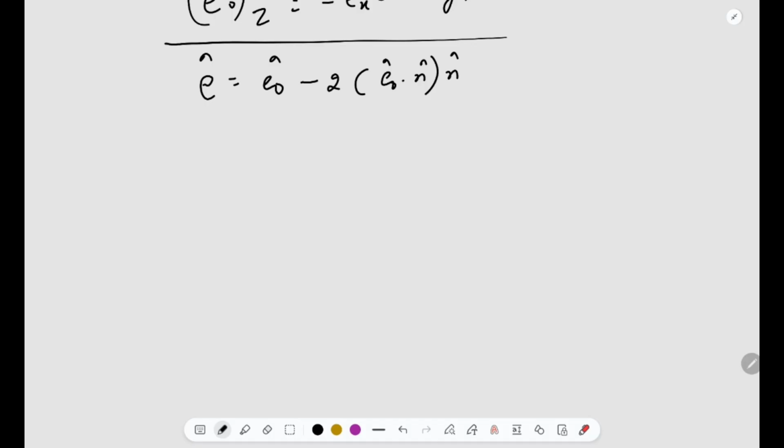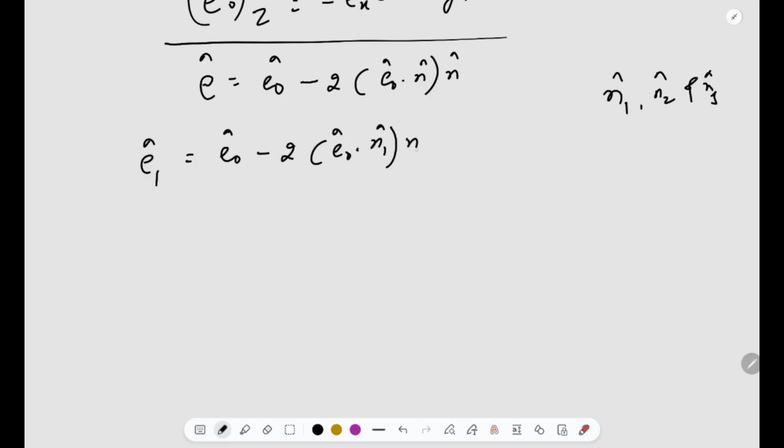And so if the normals of the mirrors are in this case n1, n2 and n3, you can write the first reflected ray E1, the unit vector along the reflected ray from the mirror whose normal is n1, like E naught, the unit vector along the incident ray, minus twice E naught dot n1, n1.